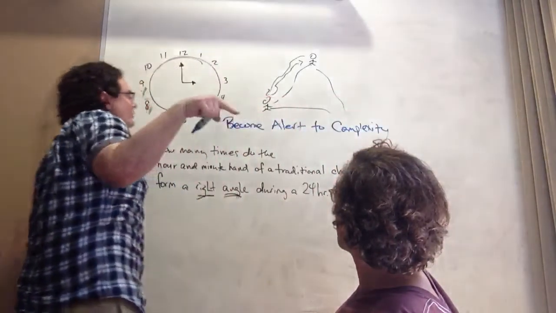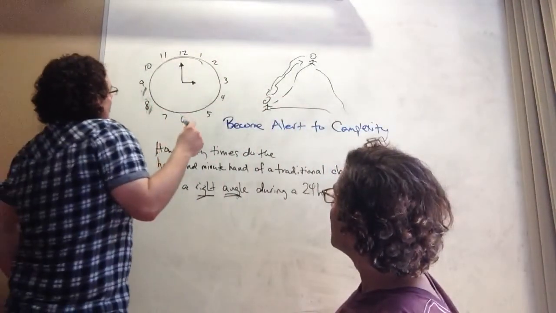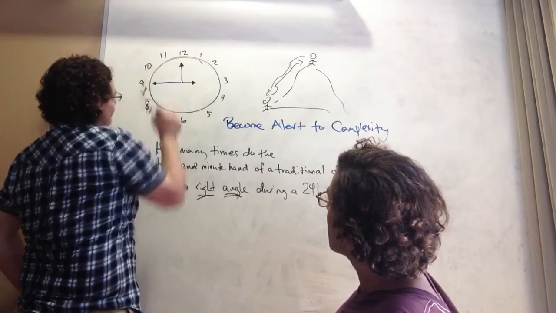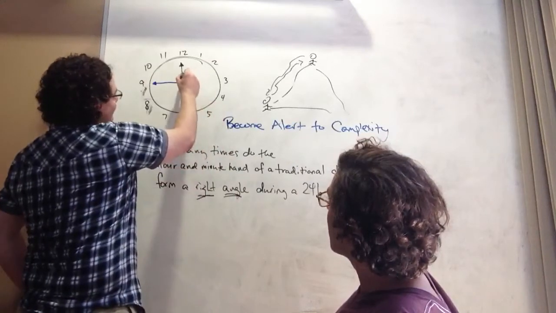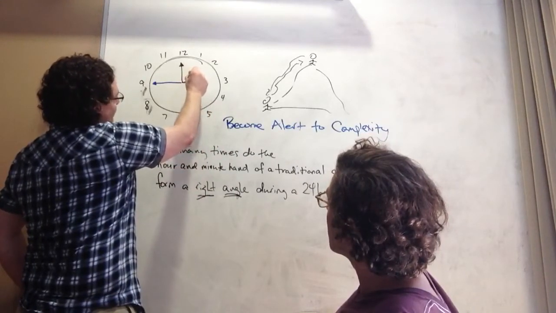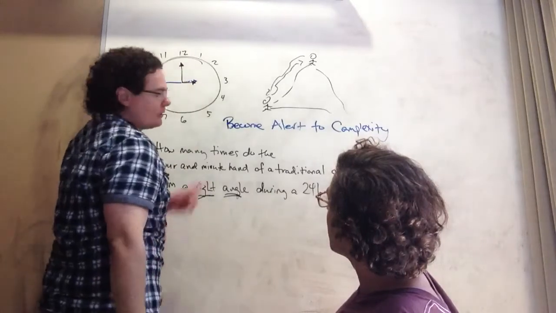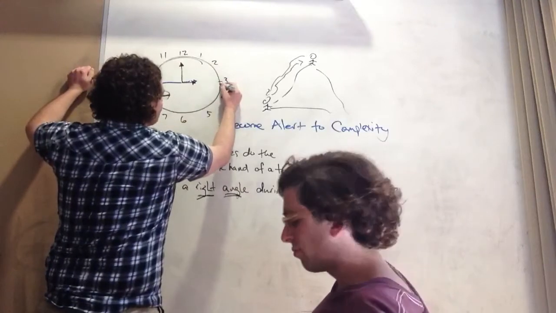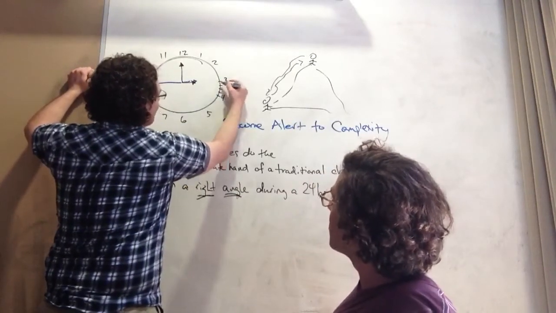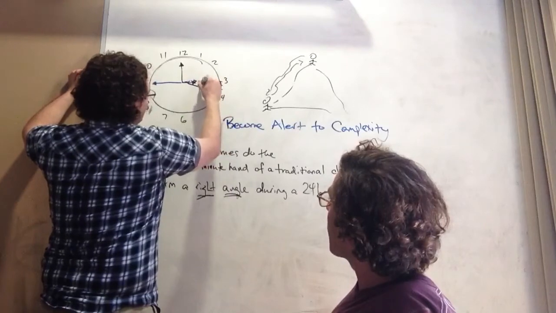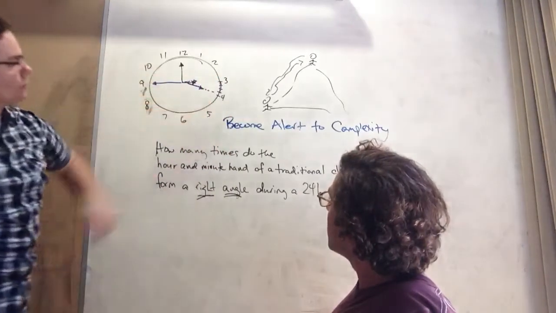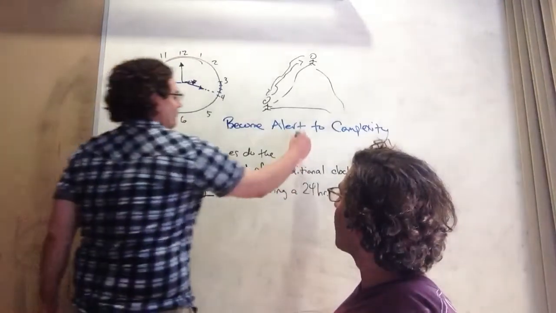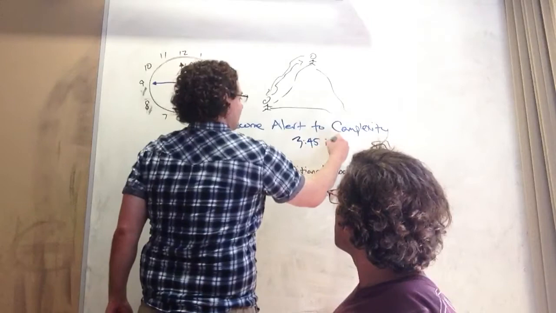What Charlie just realized was that when the minute hand is over here on 45, he was thinking at 3:45 that the hour hand would be pointing at the 3, but it's not. It's actually three-quarters of the way towards 4, because 45 minutes is three-quarters of an hour. So 3:45 is not 180 degrees.